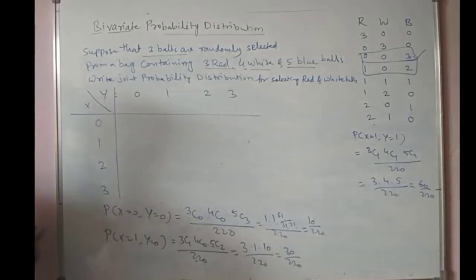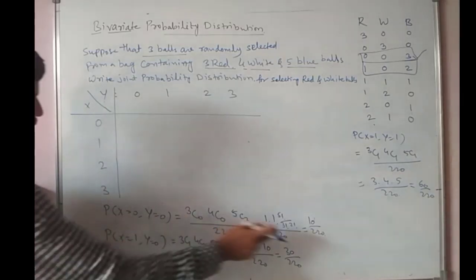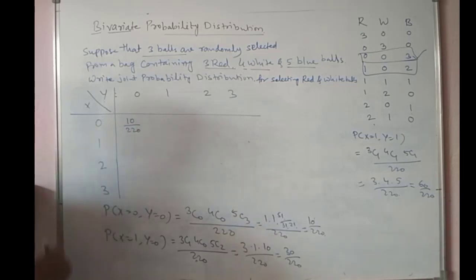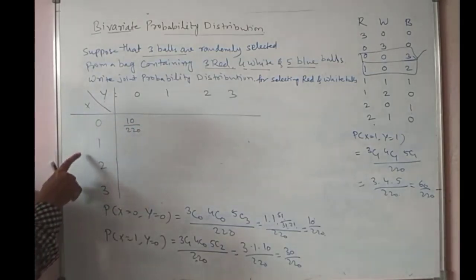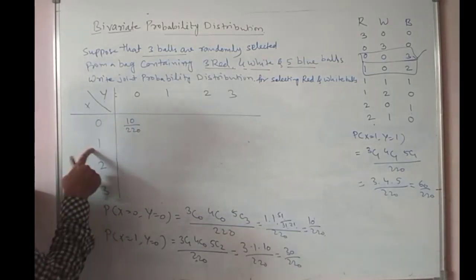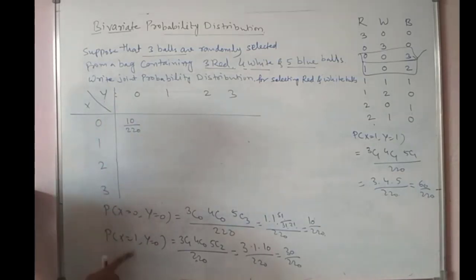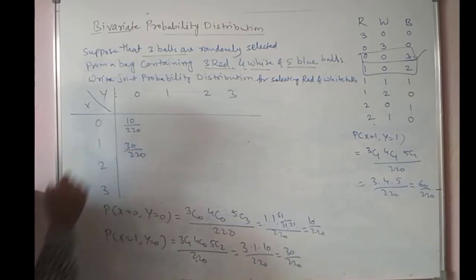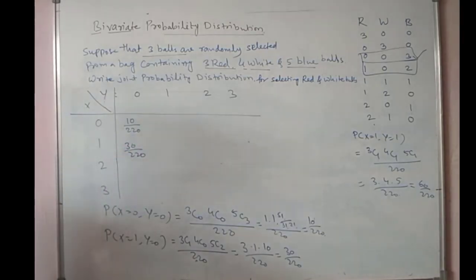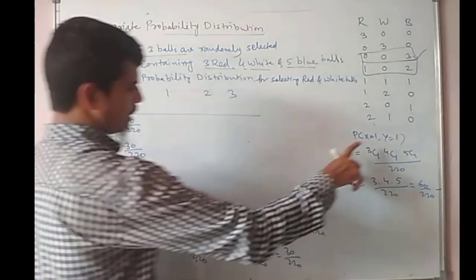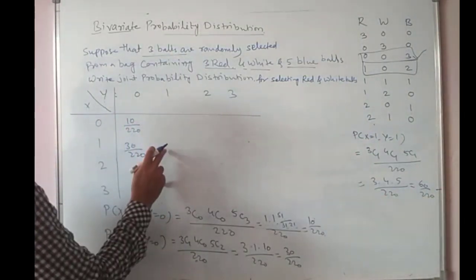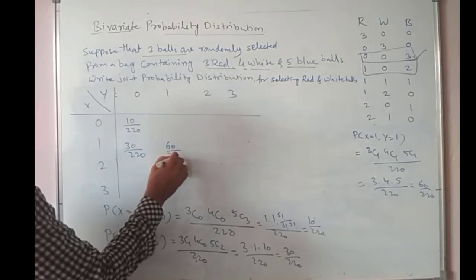So this one is P(0,0), which we already evaluated as 10 by 220. When x is 1 and y is 0, it is 30 by 220. When x equals 1 and y equals 1, it is 60 by 220.